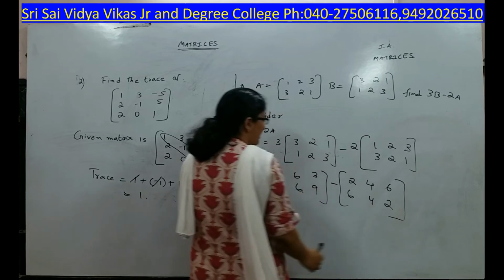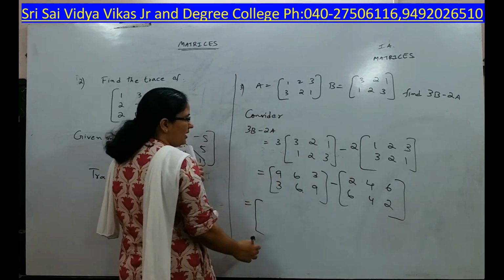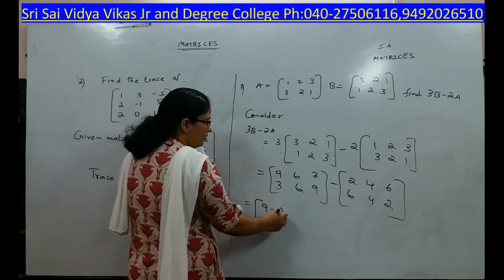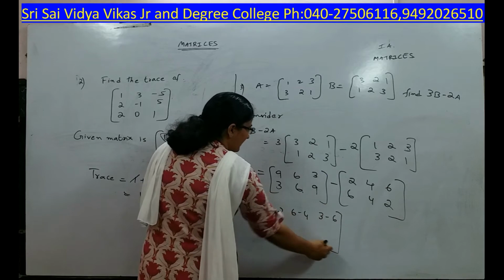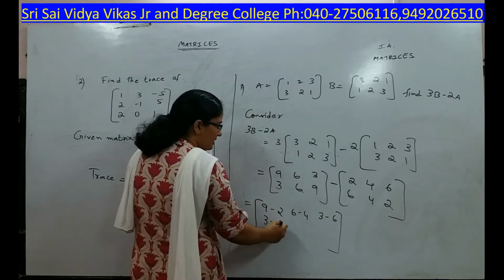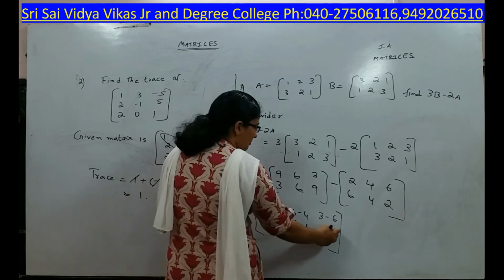Subtract these two. How to subtract? You have to subtract the corresponding elements. 9 minus 2, 6 minus 4, 3 minus 6, 3 minus 6, 6 minus 4, 9 minus 2.